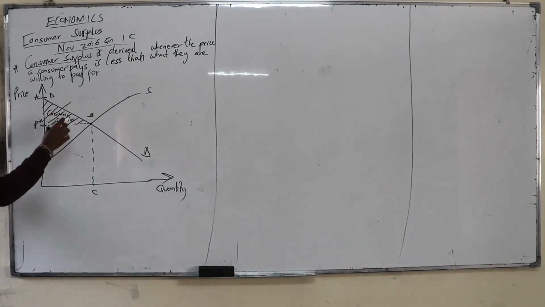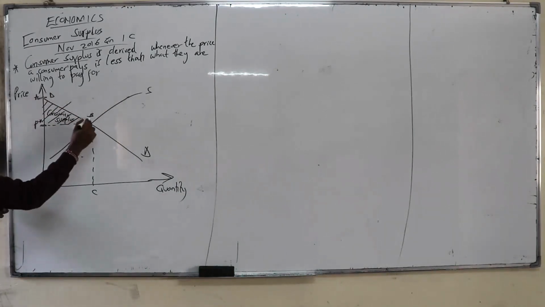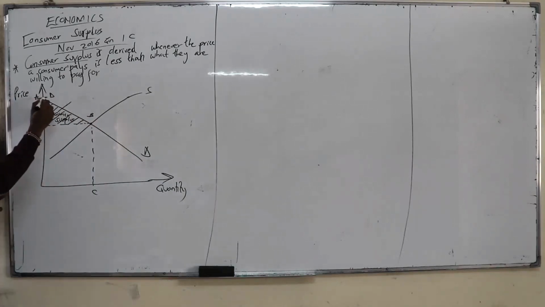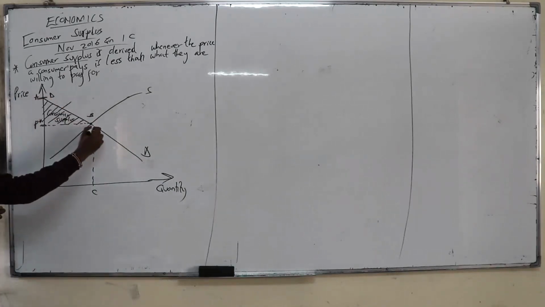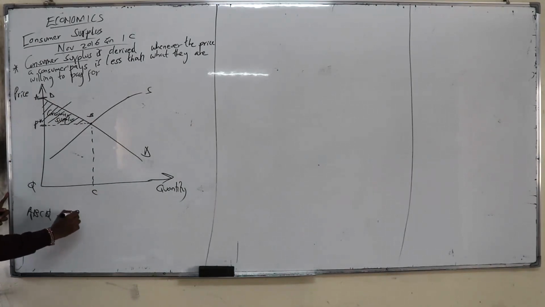So if this is the consumer surplus that you want to show graphically, it is gotten by the entire area ABCQ, minus PBCQ.